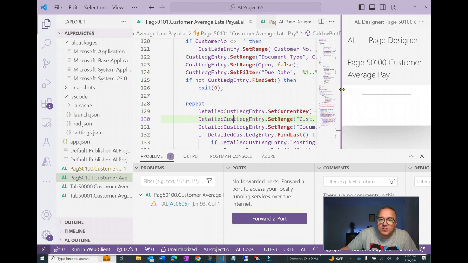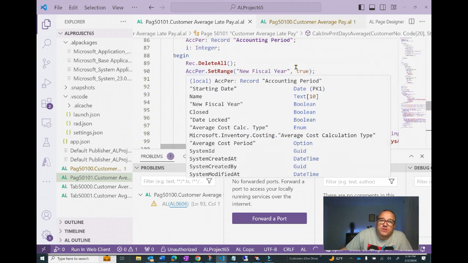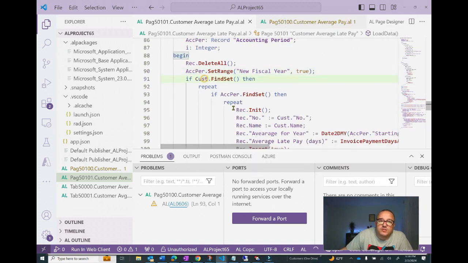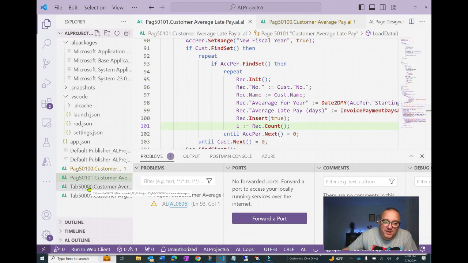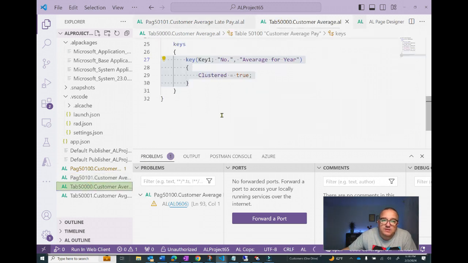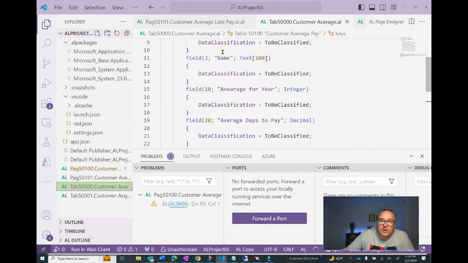But my customization relies on going through all the accounting periods, and then for each customer it's inserting a temporary record. I create a table, for example, customer average pay. It's a table with the customer number, name, average for year, this is the year, and average days to pay.